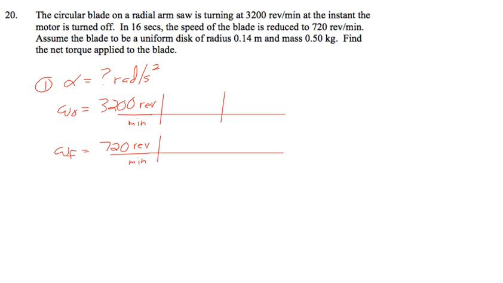So I've got a couple conversions to do in both of these. 1 rev is 2 pi radians, 1 minute is 60 seconds. So I'll do it up here: 2 pi radians per 1 rev, 1 minute per 60 seconds.